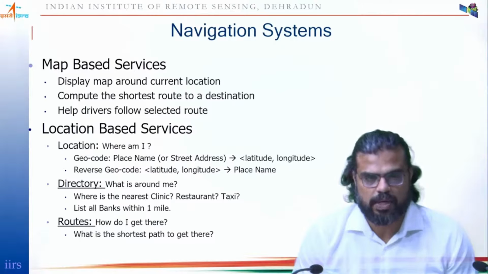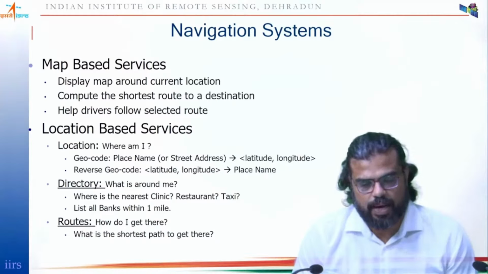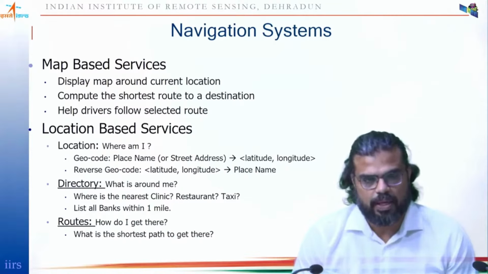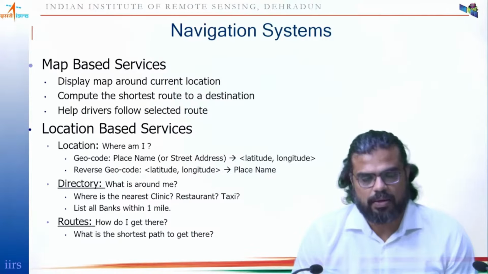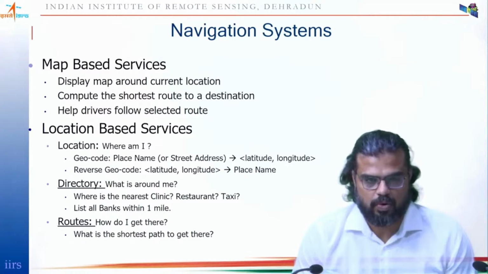There are a few specialized map services also, which provide these kinds of maps. For example, nowadays electric vehicles are quite widely used. So there are services which tell you which particular road, if you follow it, will give the lowest kilowatt per kilometer rating.